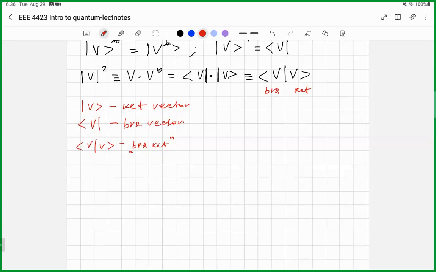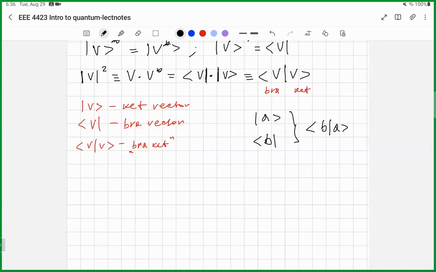And of course, if I have one vector cat, but another vector bra, I can of course write something like B A. So this is the bracket composition of two different vectors.